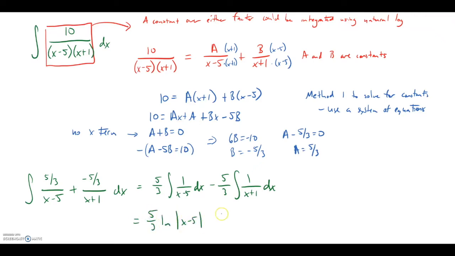This will become 5/3 times the natural log of the absolute value of x minus 5, minus 5/3 times the natural log of the absolute value of x plus 1, plus C, because this is still an indefinite integral. And this result, via integration by partial fractions, will represent the integral of 10 over x squared minus 4x minus 5.